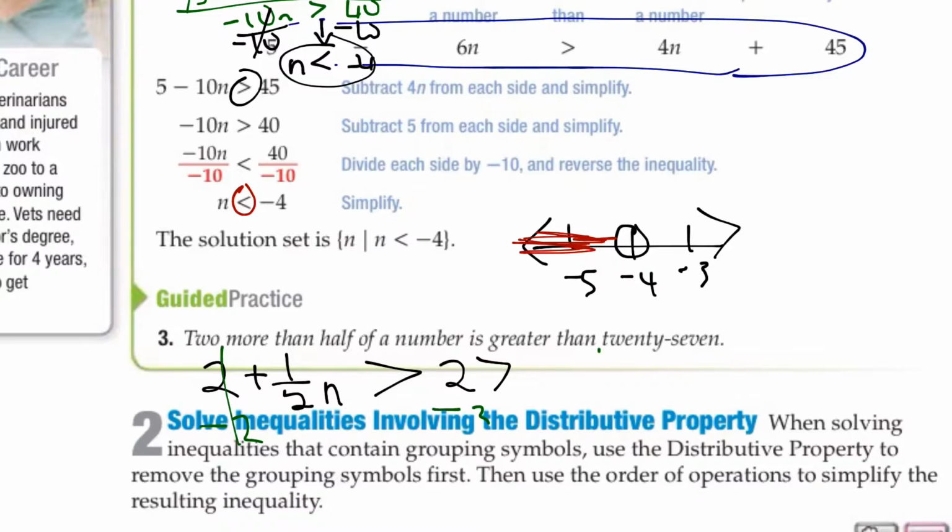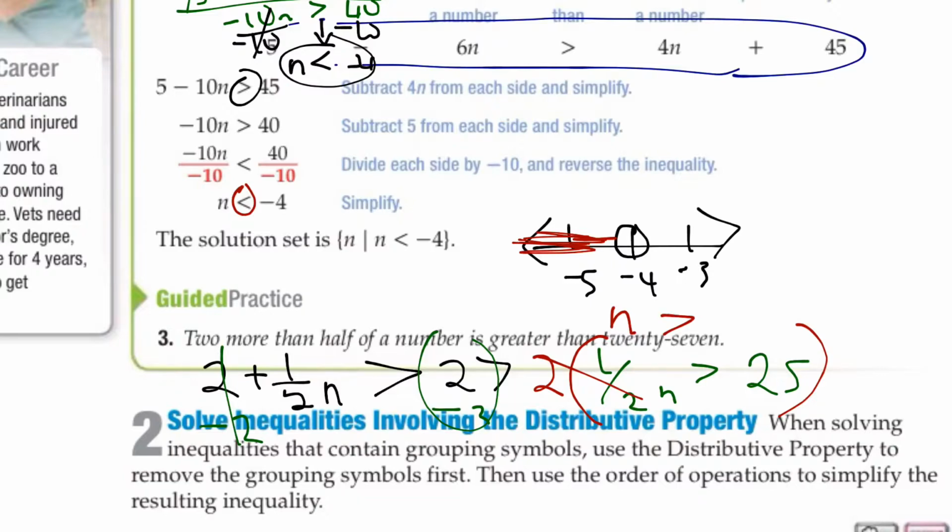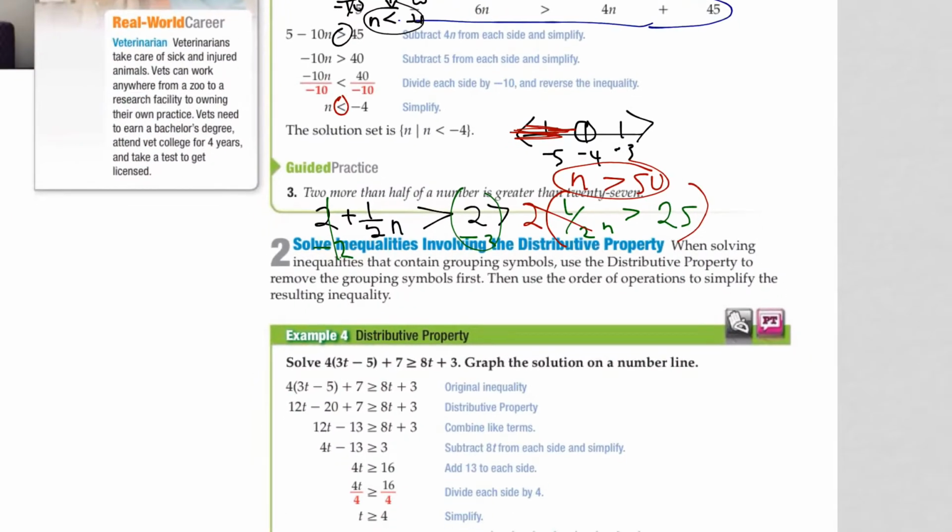I get 1/2 n greater than 27 minus 2, which is 25. Ooh, how do I get rid of this fraction? Well, the opposite of 1/2 is multiply by 2. So 2 times 1/2 cancels, so I get n. I didn't multiply or divide by a negative, so same sign. 2 times 25 is 50. And now I am done.